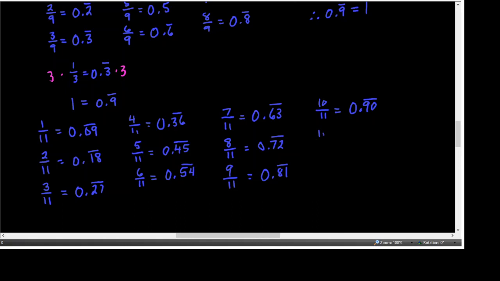And 11/11, 11 times 9 is 99. 0.99 repeating is the same thing as 0.9 repeating. And of course 11/11 is equal to 1. Therefore 0.9 repeating is equal to 1. Proven to you several times. So that's kind of a cool proof.